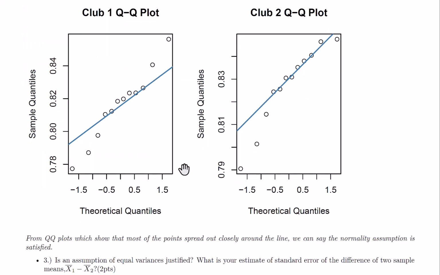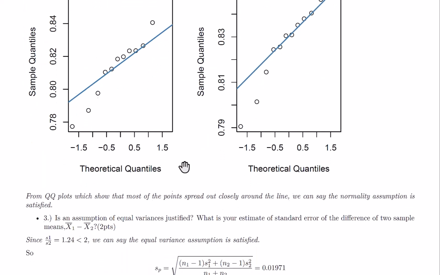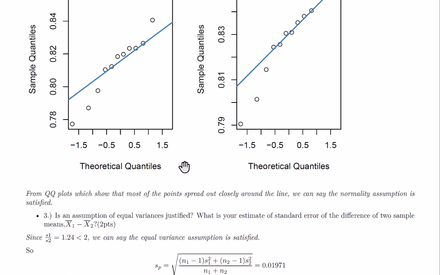All right. So is the assumption of equal variance satisfied? Because we do not know the population variance, it's very natural to ask which case we're going to use, the equal case or the not equal case.